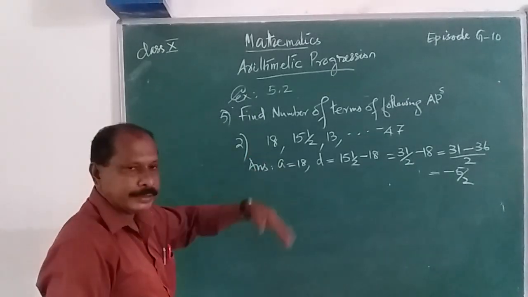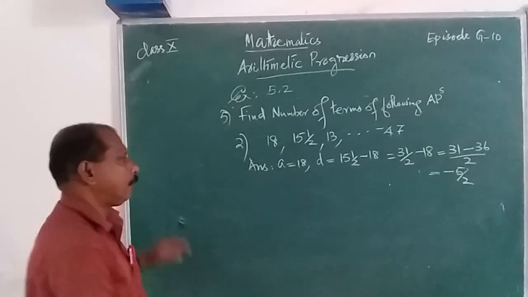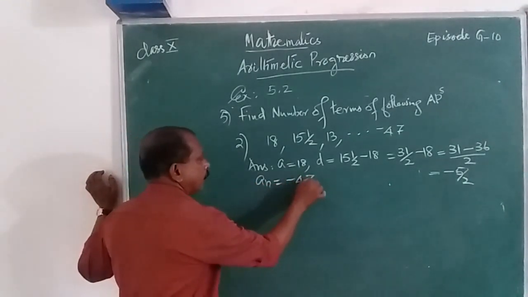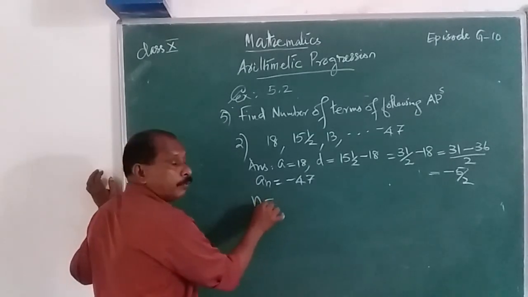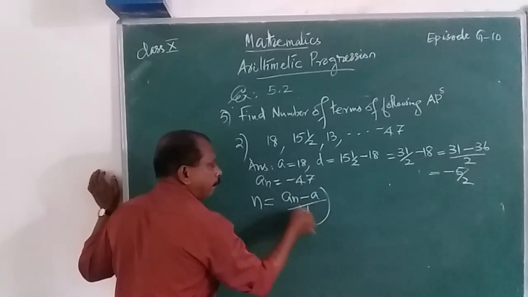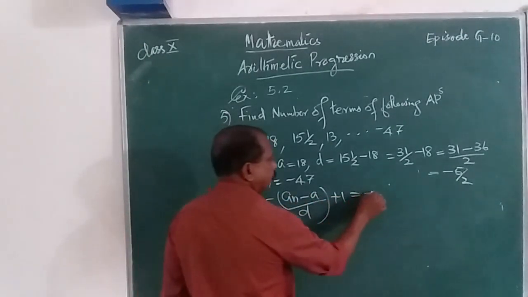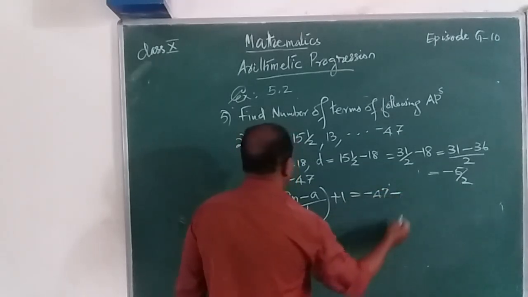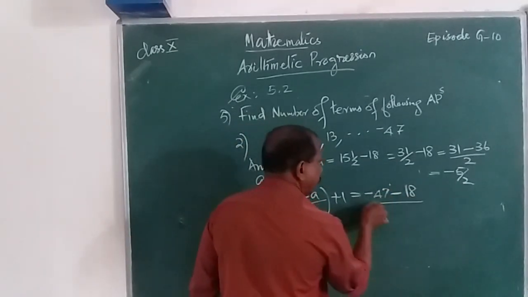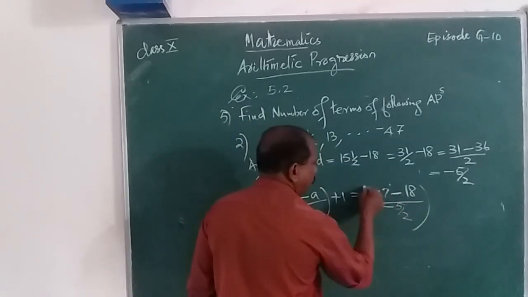But it is decreasing because the last term is minus 47. Then n is equal to what? An is minus 47. Then n is equal to (An minus a) by d plus 1, which is equal to minus 47 minus 80 divided by d, minus 5 by 2, plus 1.